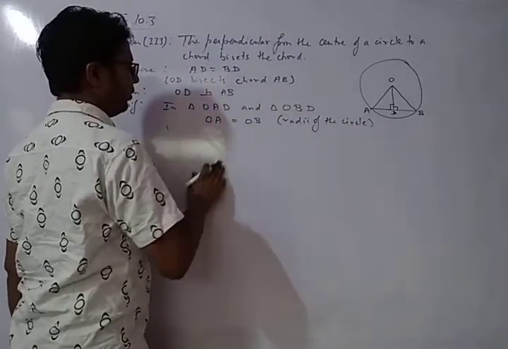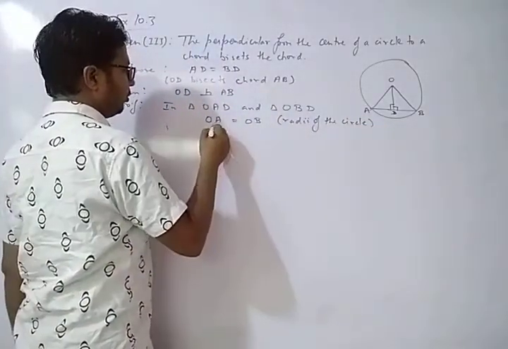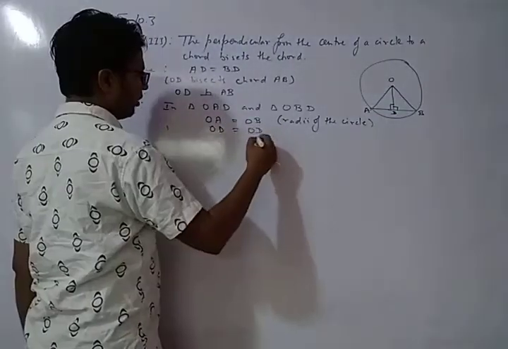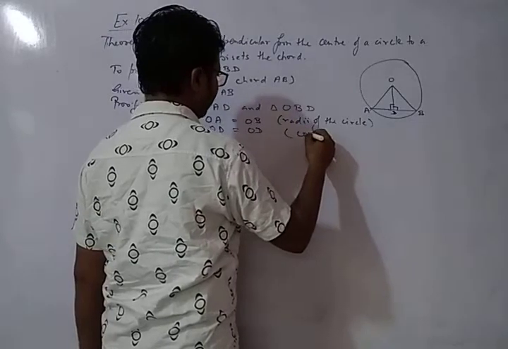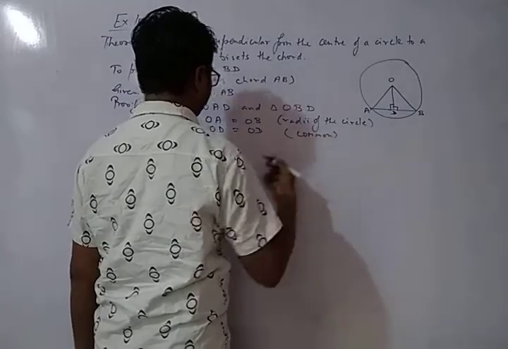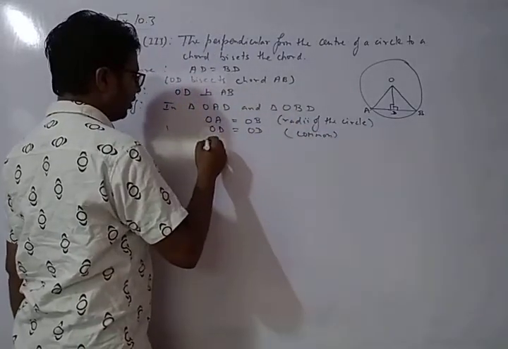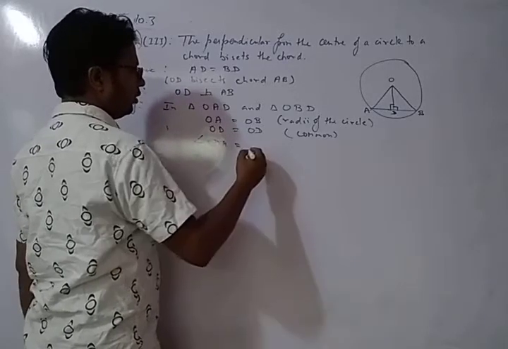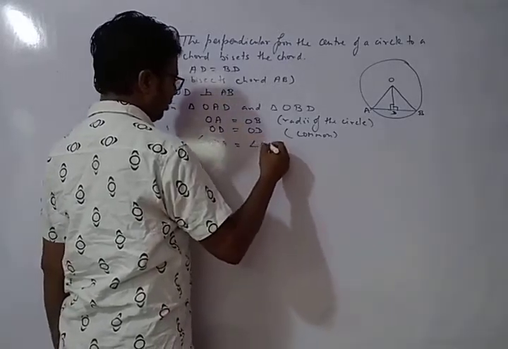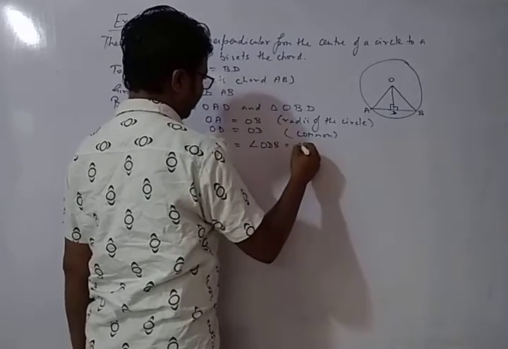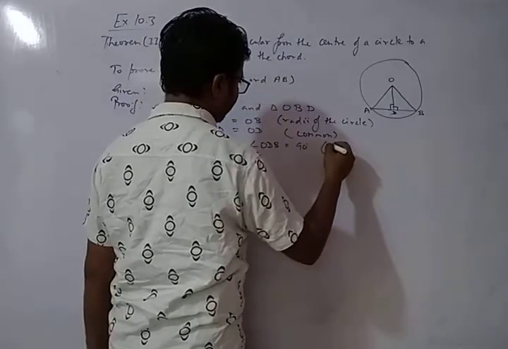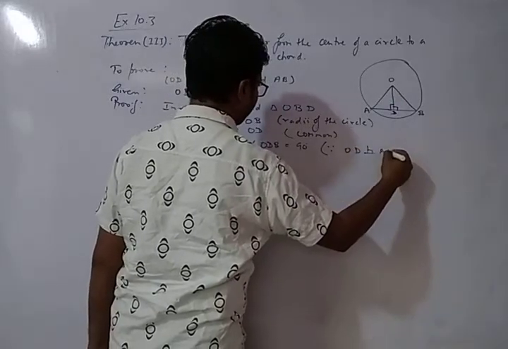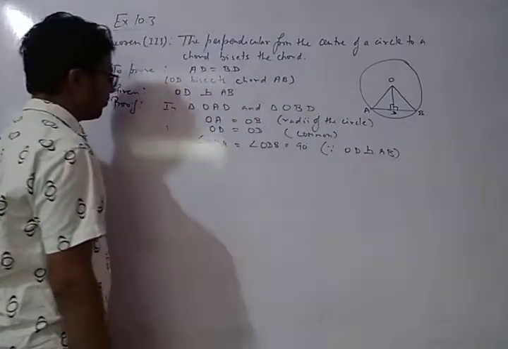Then OD is equal to OD, common, and angle ODA is equal to angle ODB equals 90 degrees because OD is perpendicular on AB.